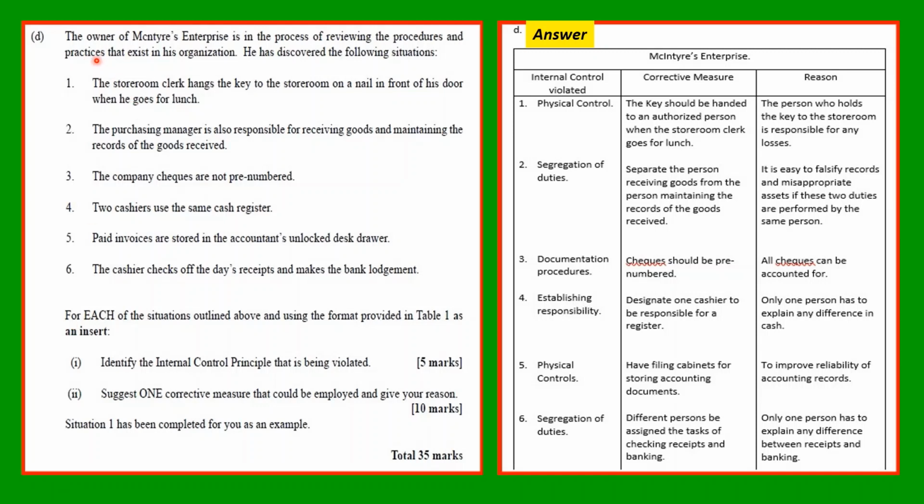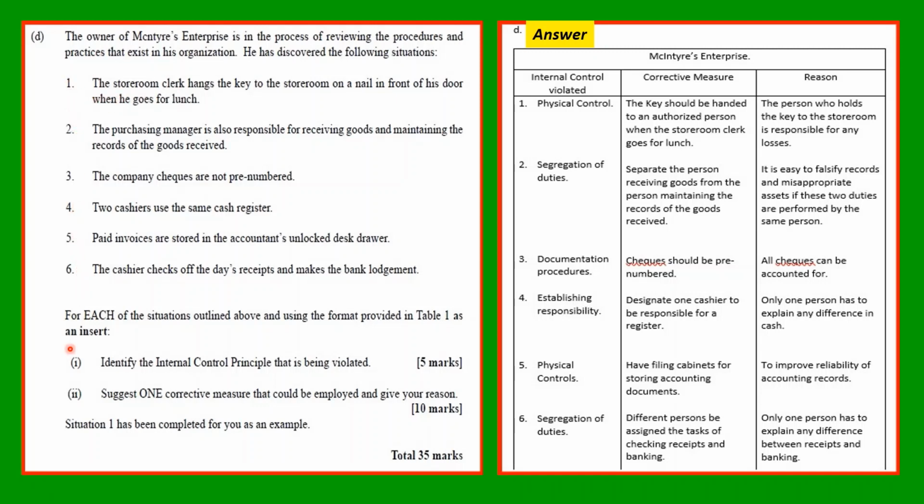The owner of McIntyre Enterprises is in the process of reviewing the procedures and practices that exist in his organization, and he has discovered the following situations, numbered 1 to 6.